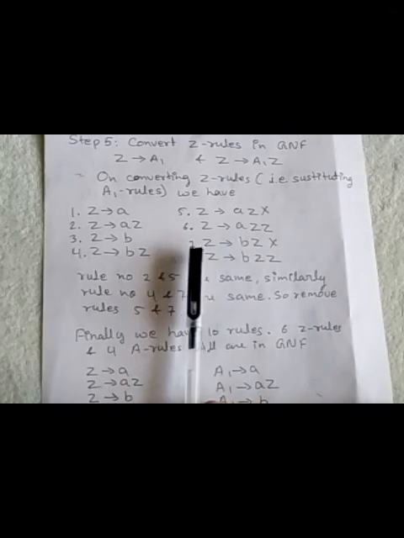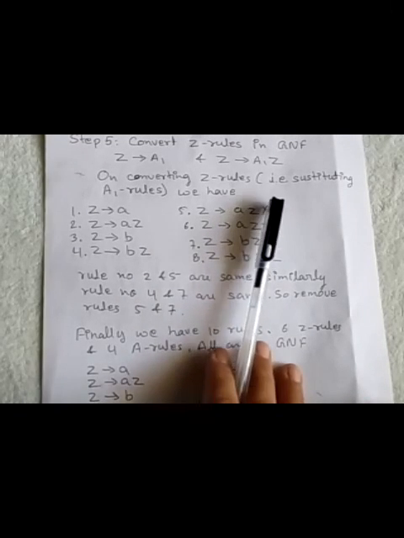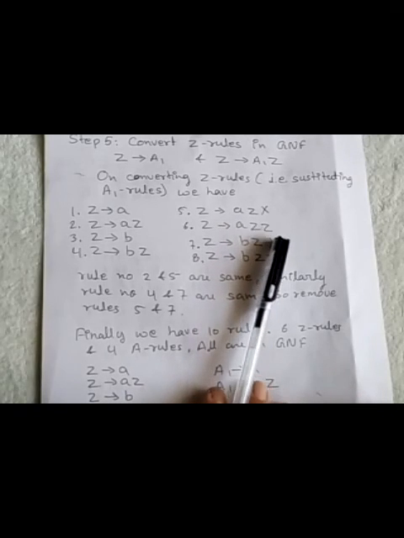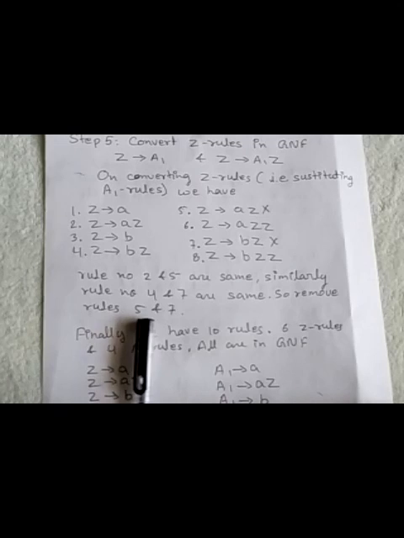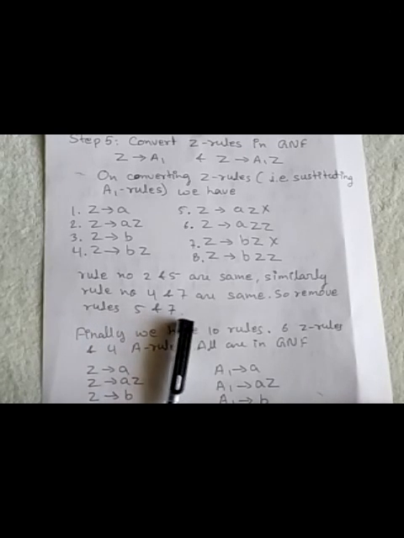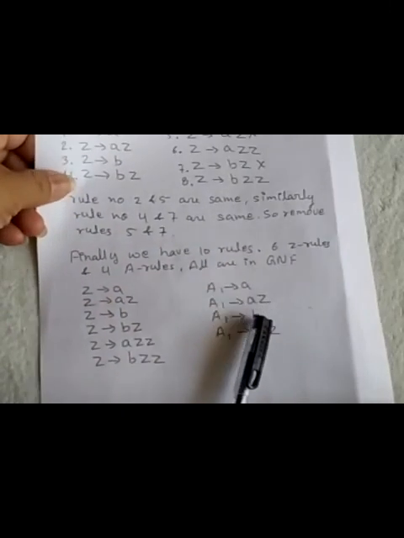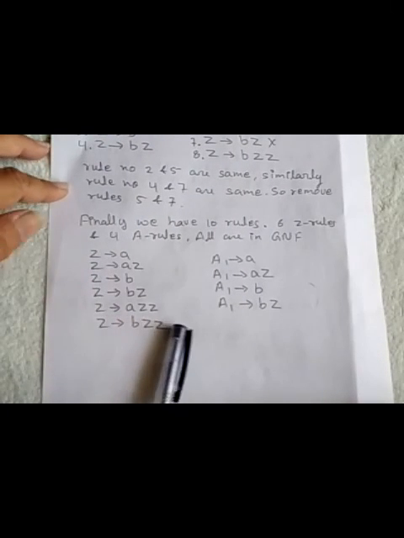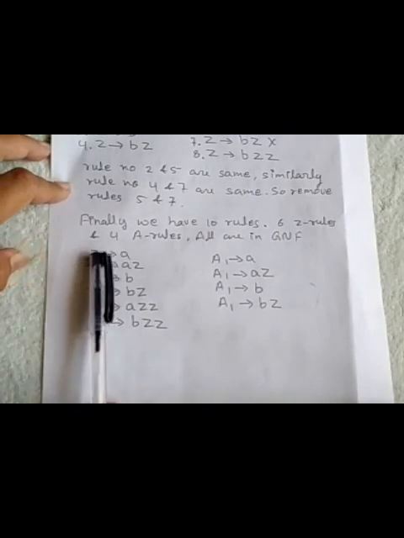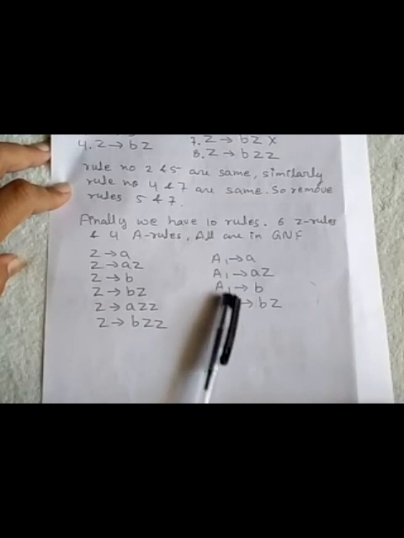So what we do? We remove one of these rules, right? So rule number 5 and rule number 7 will be removed. So finally we have this grammar in GNF. See, all the rules are in the form of GNF only.